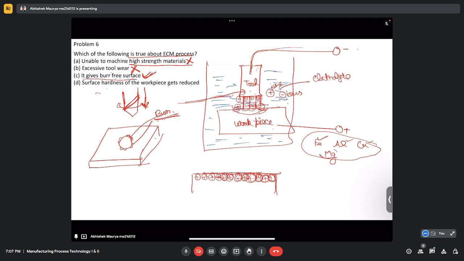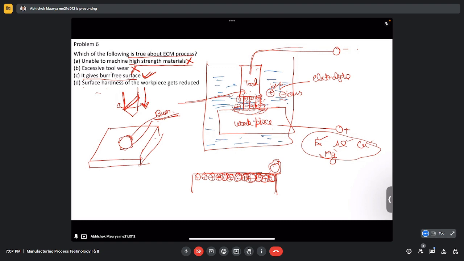When an opposite charge ion comes from the electrolyte and reacts with these positive atoms, because of the reaction some precipitate will form, and because of this material removal takes place.